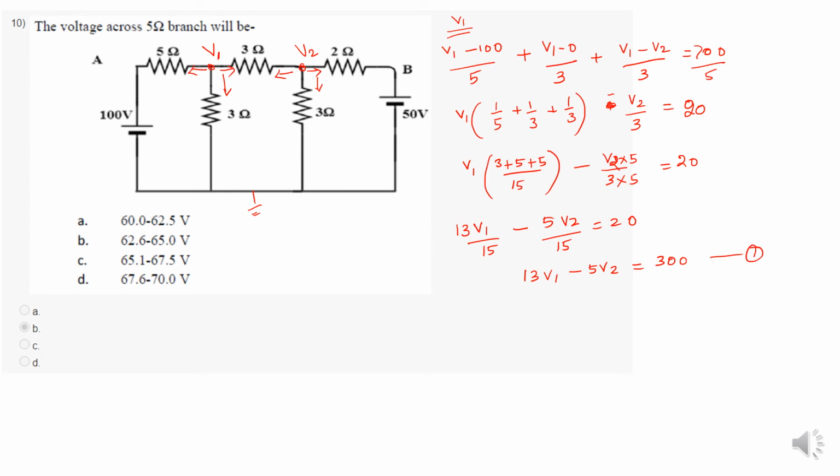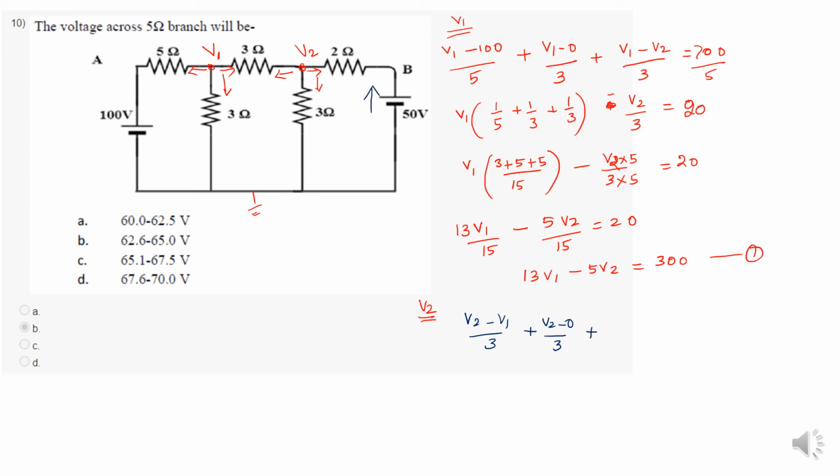And next, with respect to V2, I am going to write the equation. V2 minus V1 by 3, this is the first one. Next V2 minus 0 by 3. Then here assumed direction is away from the junction and actual direction is flowing towards the junction.